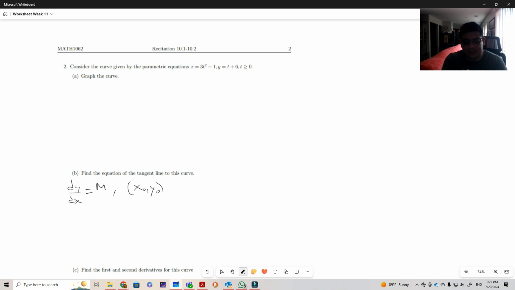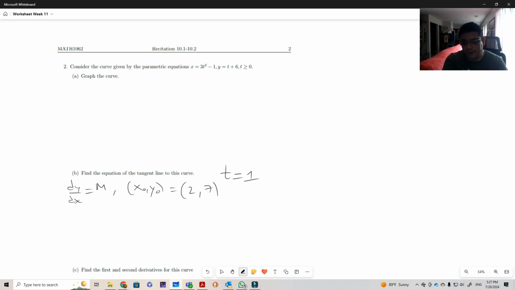So let's pick a number; you can pick any number in particular, but let's do t equals 1. If t equals 1, then this point is going to be 3 minus 1, 2, and this is going to be 7. So the point is (2, 7), when t equals 1.